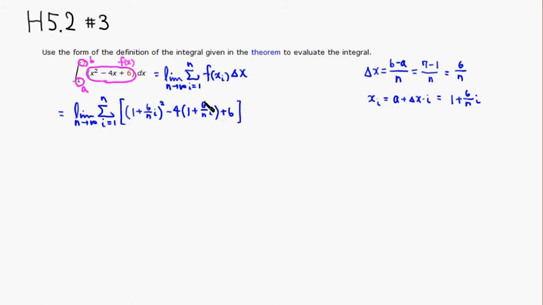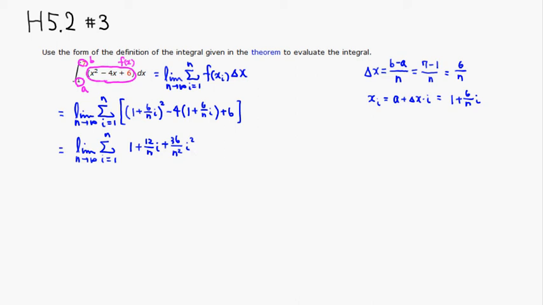Then this is equal to the limit as n approaches infinity, summation i goes from 1 to n. We just have to multiply it out. 1 squared would be 1, plus 2 times 1 times 6 over n, so it's 12 over n i. Then 6 over n i squared is 36 over n squared i squared.